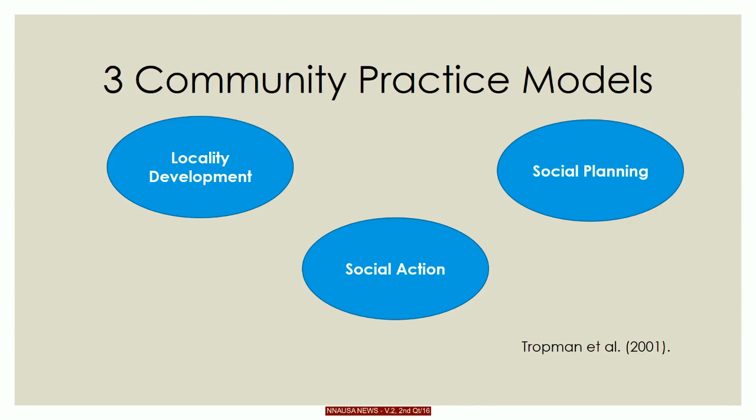So, again, when we look at a community, which, according to Tropman and Mary Will, community identifies connections among people. It's all about people. So when we are taking action, when we are planning, or when we are talking about development, it's all about people.